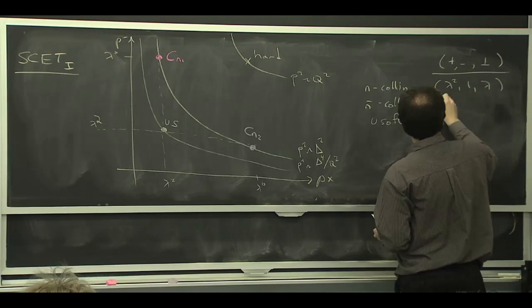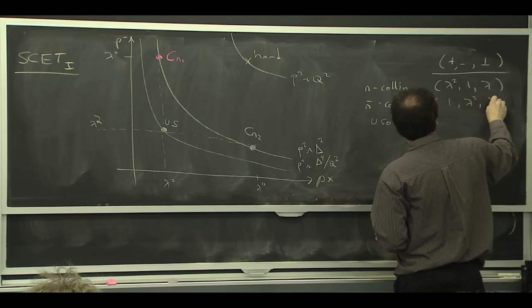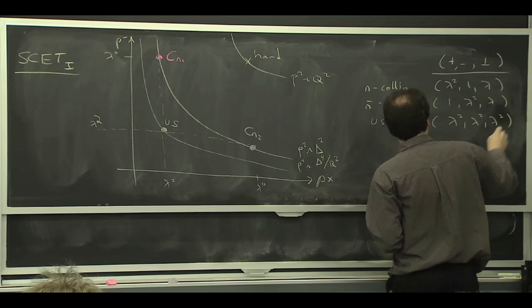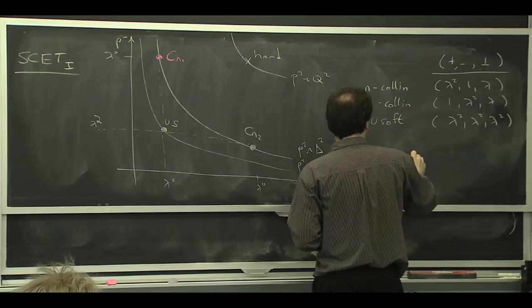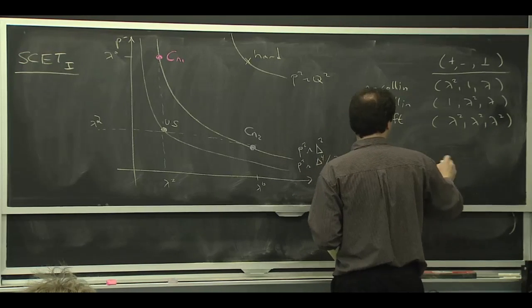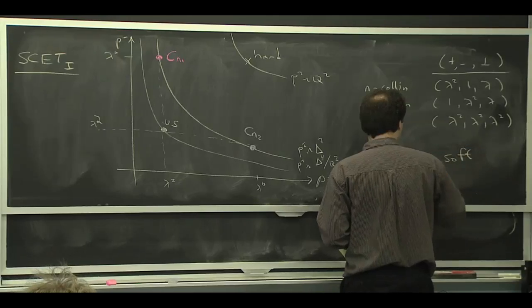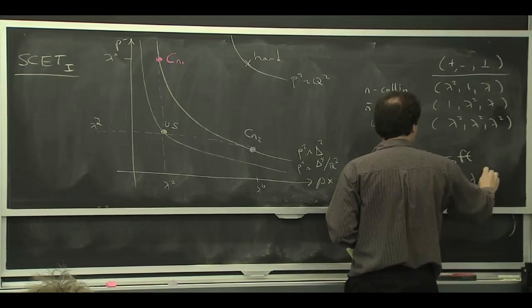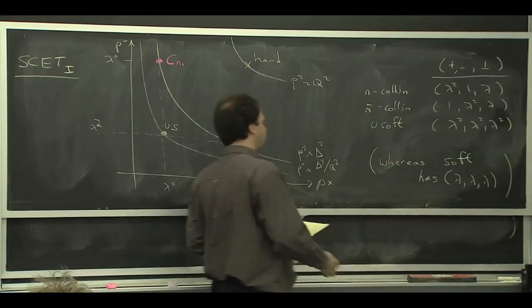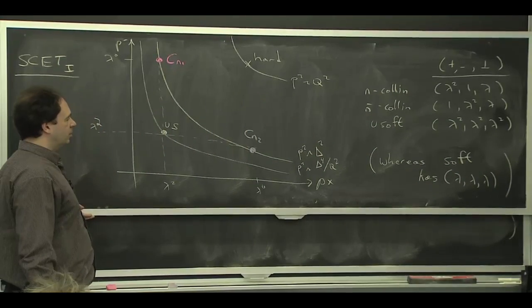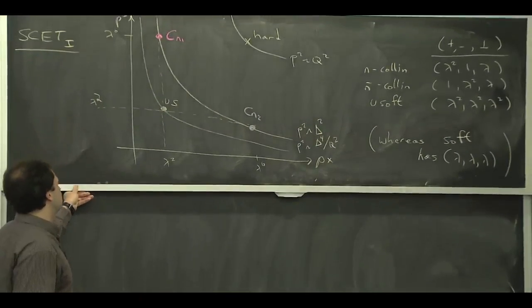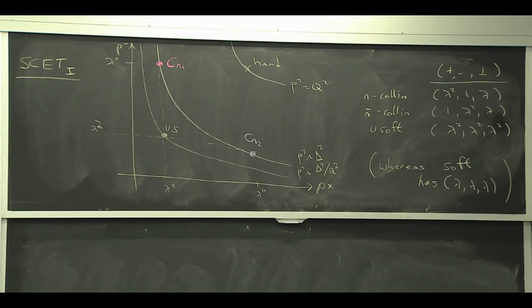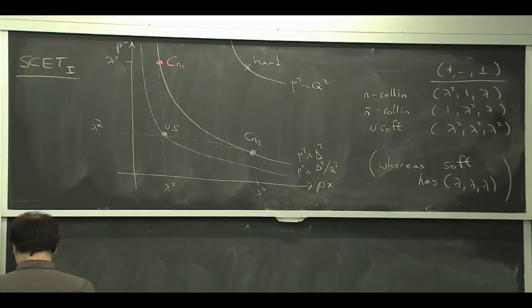So in terms of scaling parameters, we would say that it goes like this. And here we're not talking about soft. It would have lambda in all components. So this is the effective theory that turns out to be the right one for jets.